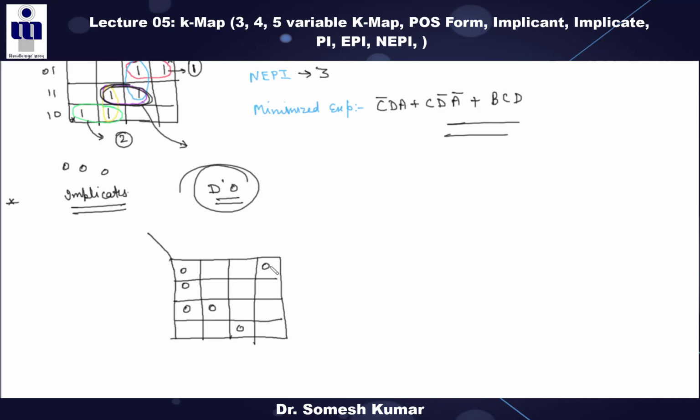Now tell me, what is possible? Now tell me, how many implicates, prime implicates, essential prime implicates, non-essential prime implicates, and the final minimized function, right? Now tell me.